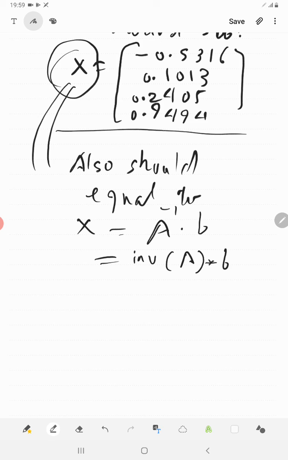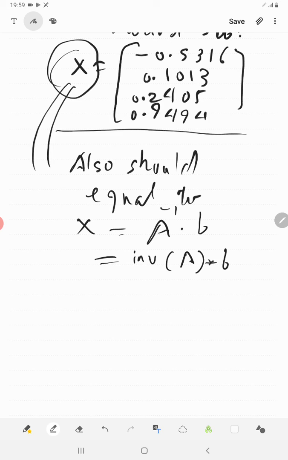Then in the second step, it is 3 to 5, and you modify these also. In the third step, 4 to 5, and the last step 5 to 5. You can practice that.